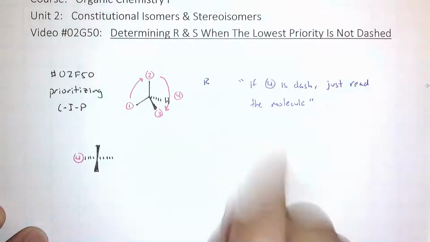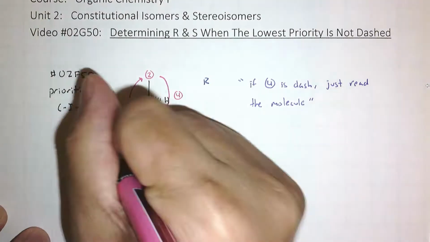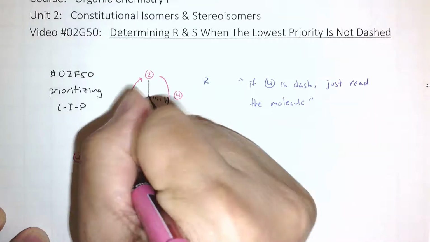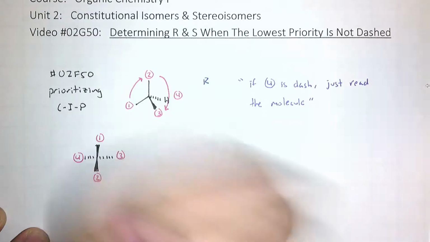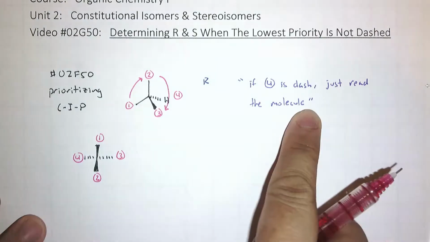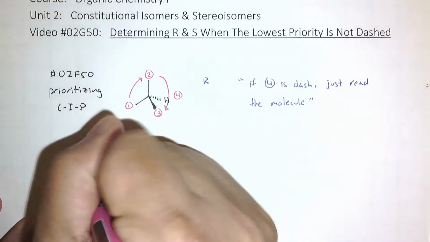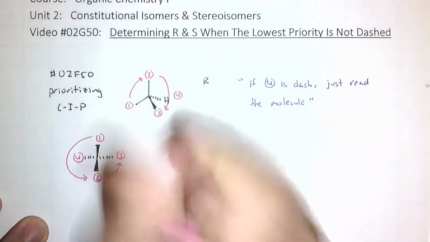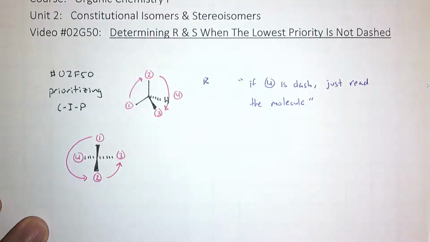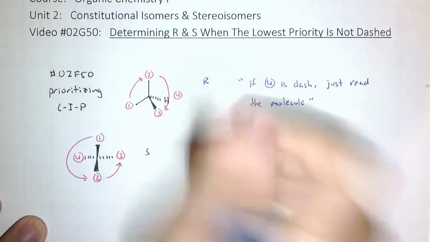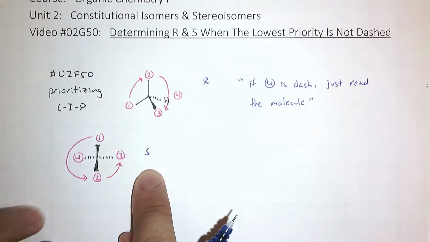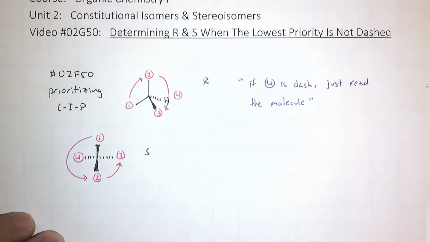This rule still applies. If we arbitrarily put 1, 2, and 3, just read the molecule because priority number 4 is a dash. And we have 1, 2, 3. That is counterclockwise. Double check my work. Counterclockwise, sinister, S.